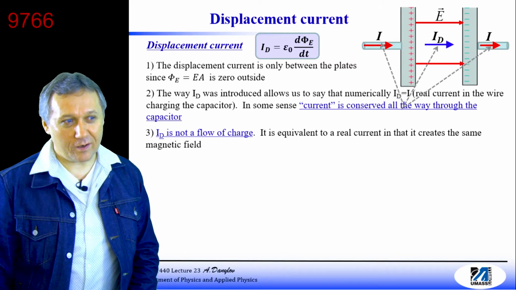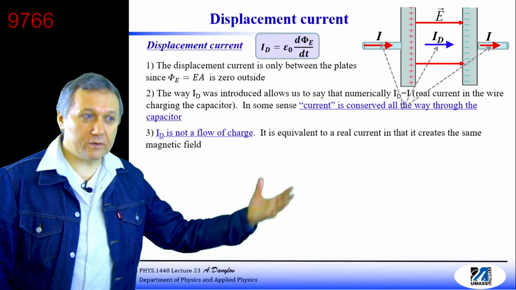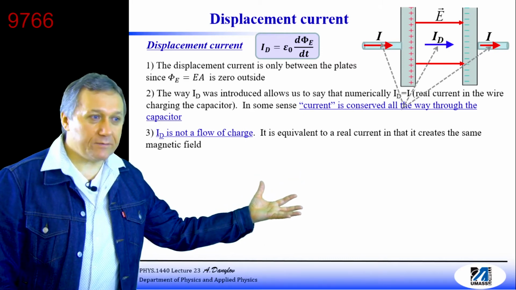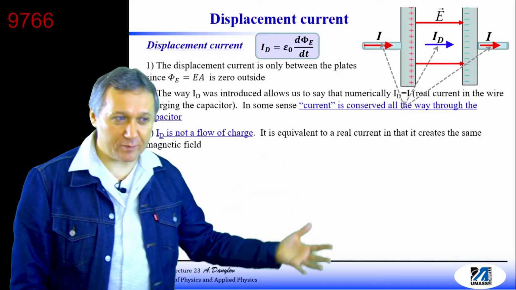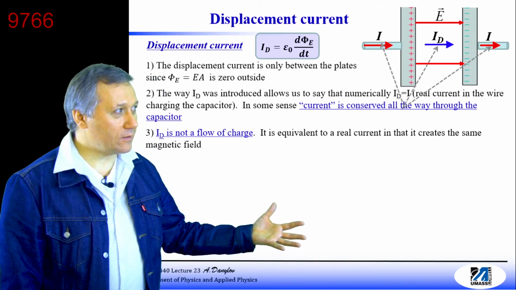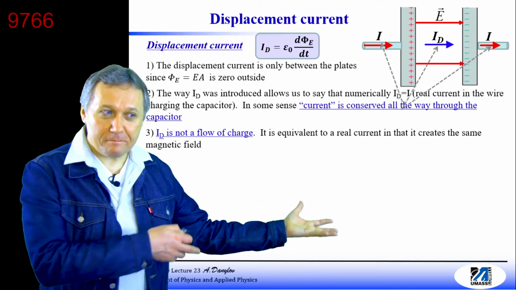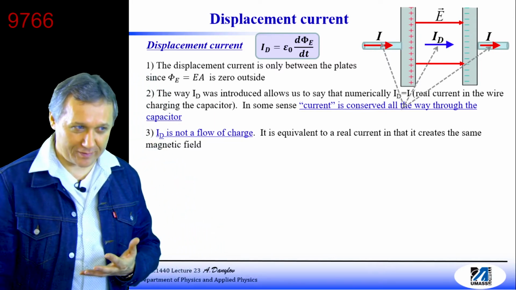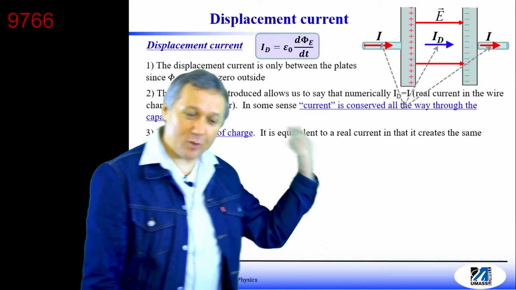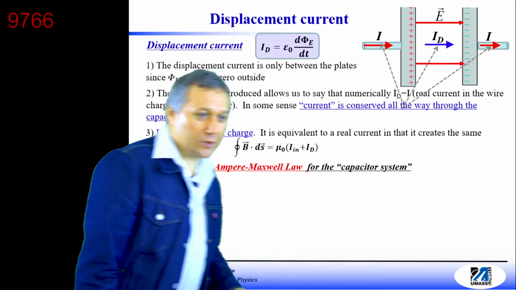Now we need to see if this modified Ampere's law, Maxwell's law, can explain those troubles which Maxwell observed in the presence of the capacitor. Let's go back to that example.